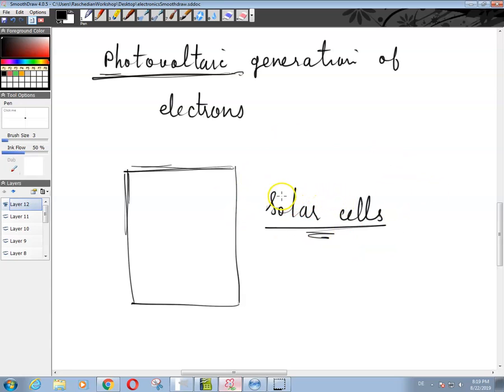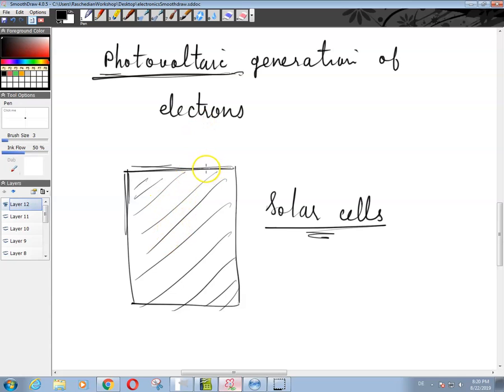There are many homes and houses, even factories and such, that are generating electricity that way, meaning that they put all of these solar panels on the roof of the factory or the house or somewhere where they can be exposed to sun.